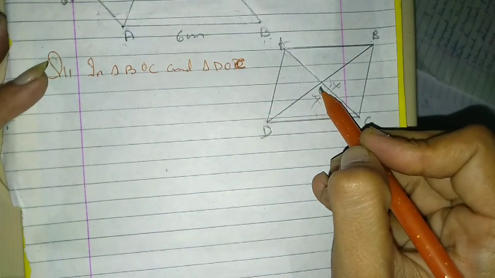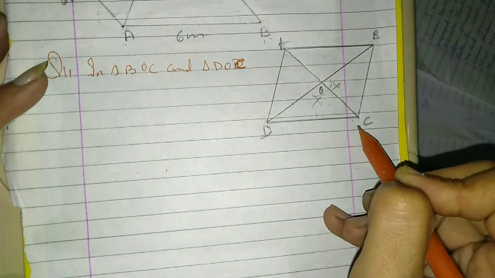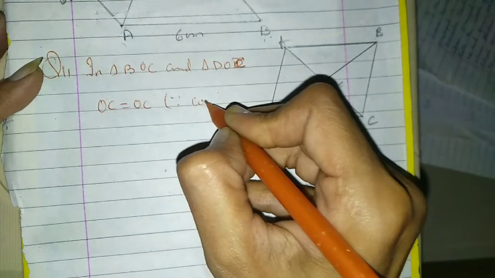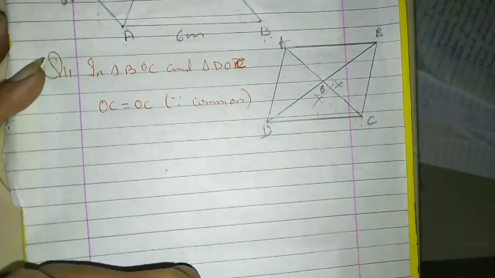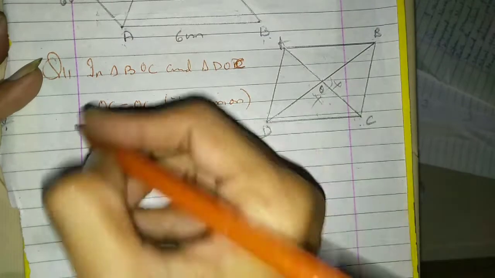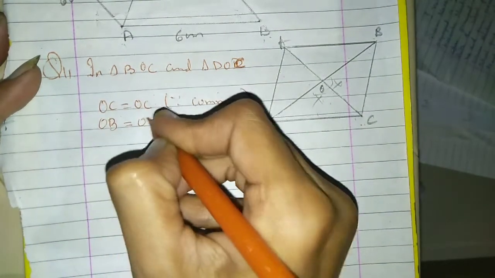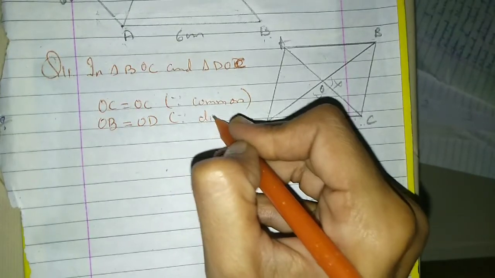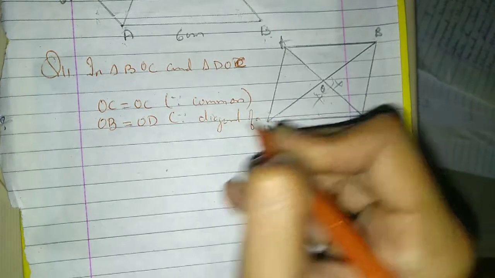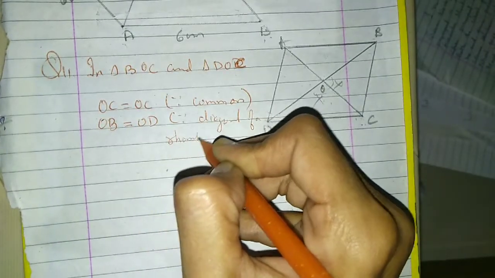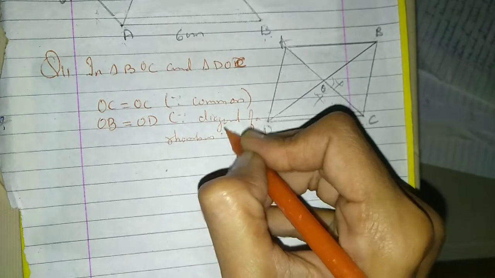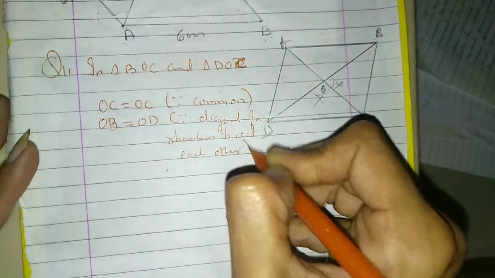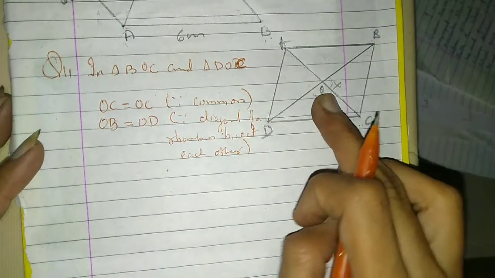So here OC is common, so OC equal to OC, common. Then OB equal to OD. Why? Because diagonals of a rhombus bisect each other. So OB equal to OD.